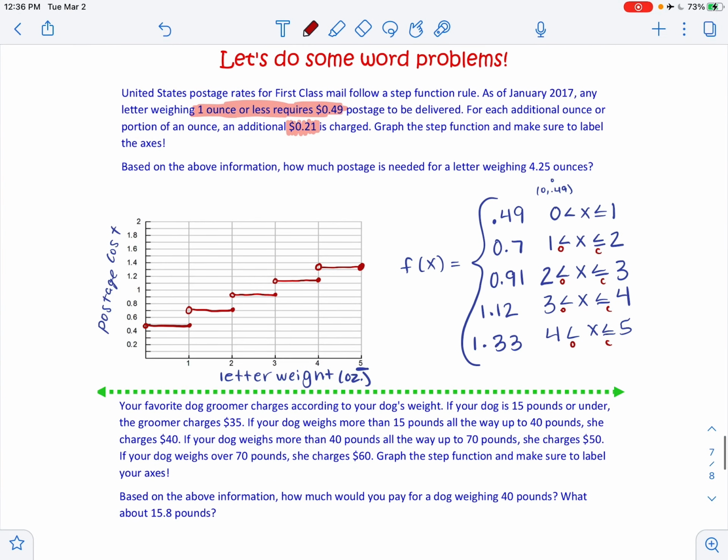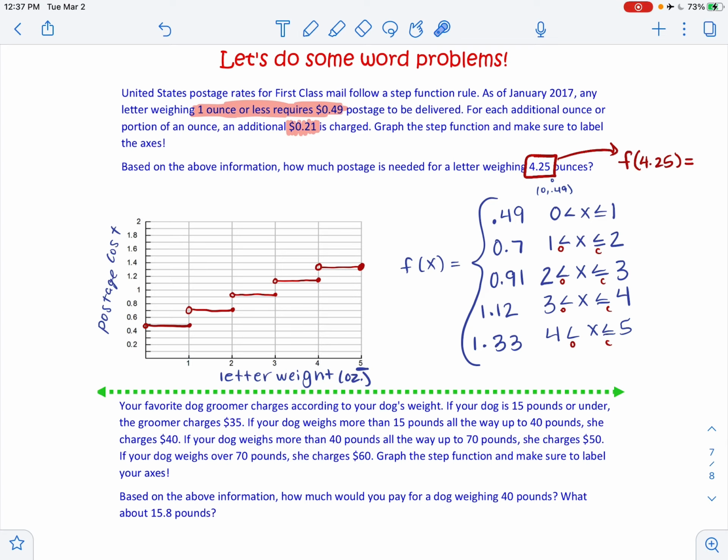All right. Now, there's a follow-up question. It says, based on the above information, how much postage is needed for a letter weighing 4.25 ounces? Again, this is just like what we did with piecewise, where we were evaluating f of a number. I just want to know when x is 4.25. So I'm evaluating f of 4.25.